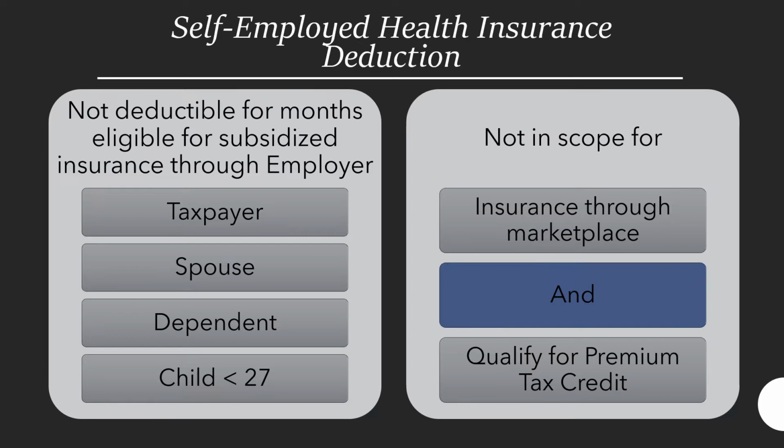And then a scope issue with this is that if we have somebody who was insured through the marketplace, remember our Obamacare plans, if they were insured through the marketplace and they qualify for the premium tax credit, that is a return that we will need to send somebody to a paid preparer to assist with.